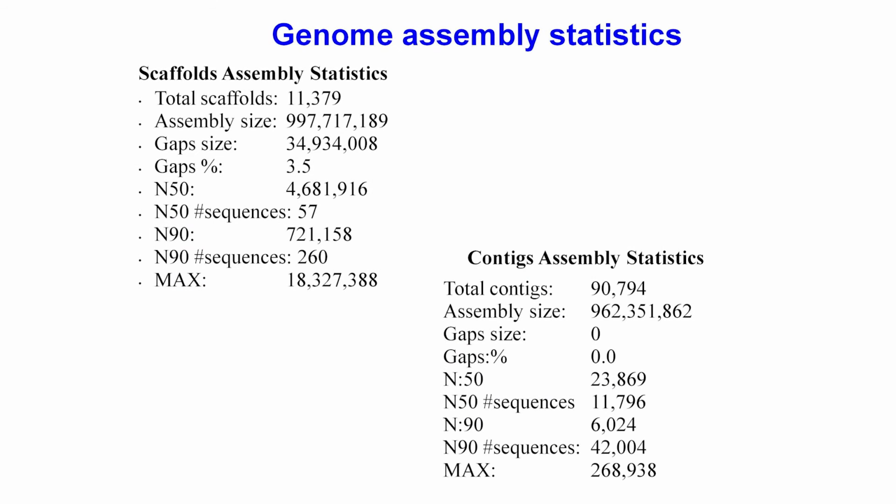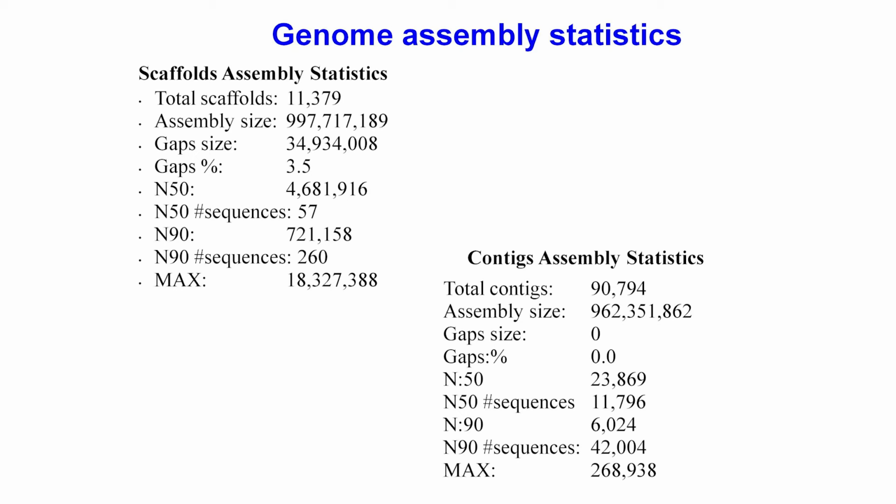Now the genome assembly statistics. This is very preliminary data. The N50 is about 46.8, and the assembly size is about 997, a little bit bigger than the assembled genome size we got for the cultivated soybean.